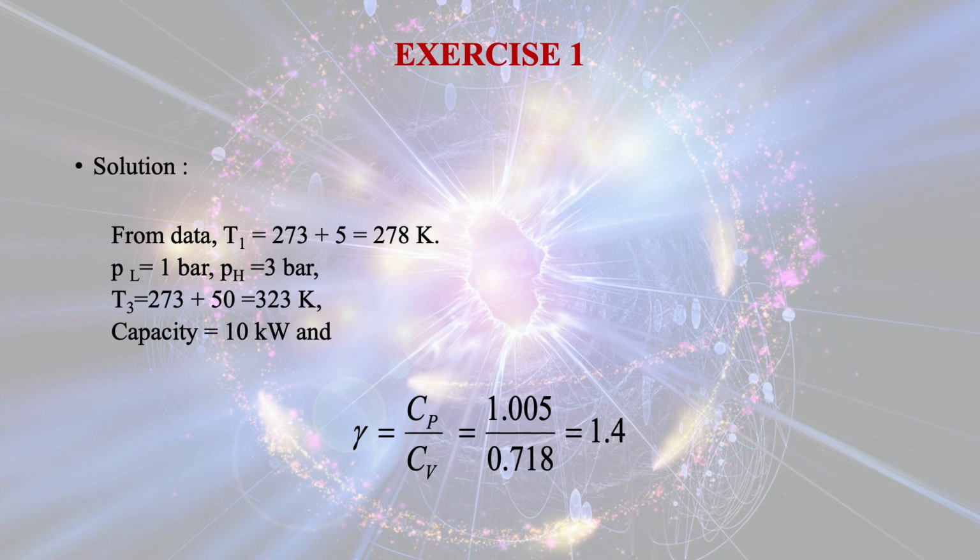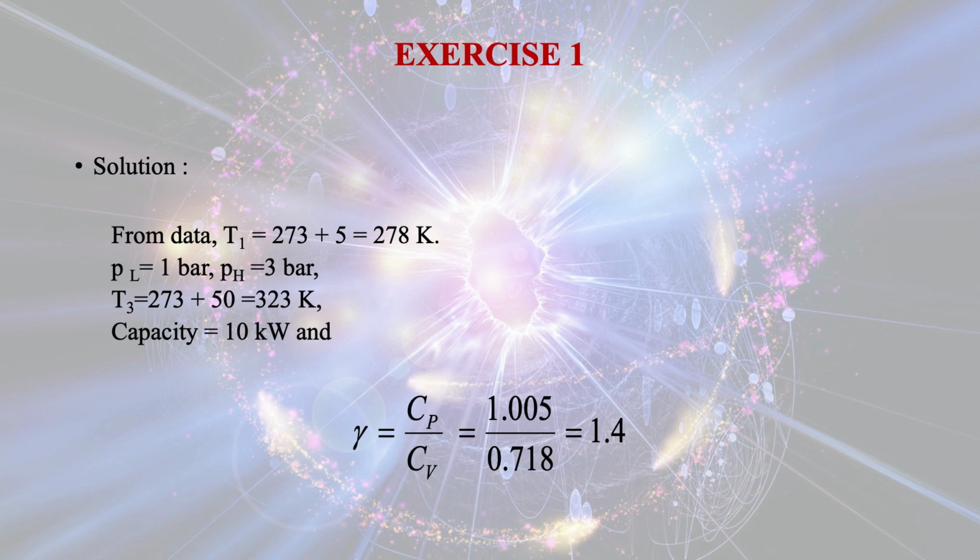From the data, T1 is equal to 273 plus 5, that is 278 Kelvin. P1, the initial pressure, is 1 bar, P2, the final pressure, is 3 bar. T3 is also given, that is equal to 273 plus 50, that is 323 Kelvin.